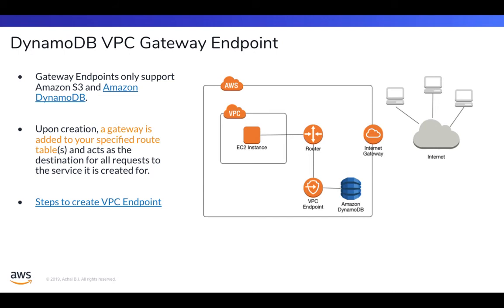So DynamoDB can be accessed using a VPC gateway endpoint as well. Let's say you have an EC2 instance which is accessing a DynamoDB table, and there is no need for you to go through the internet route, because if you are taking the internet route, there will be cost involved, because there is some data transfer over the internet, and the next thing is the latency.